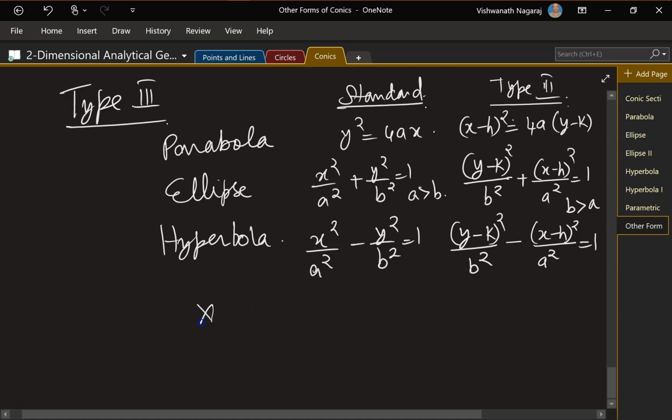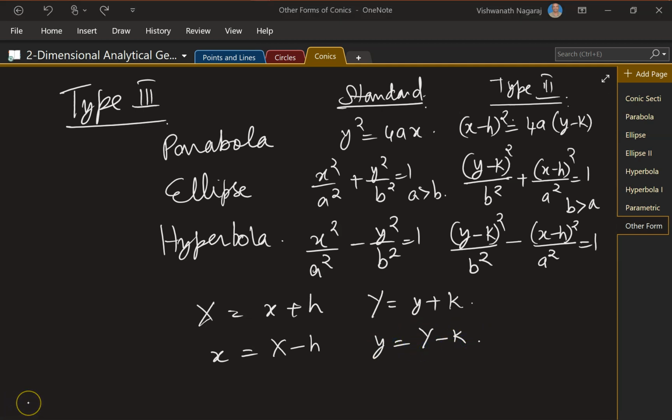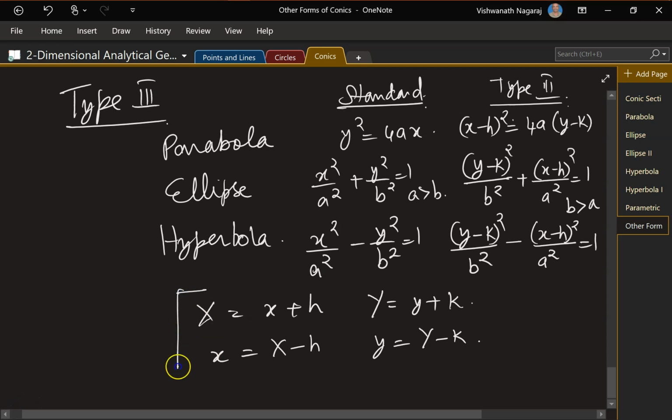So again, the new coordinate will be x plus h, y plus k, or in other words, if we want the old coordinate back, x minus h and y is equal to y minus k.